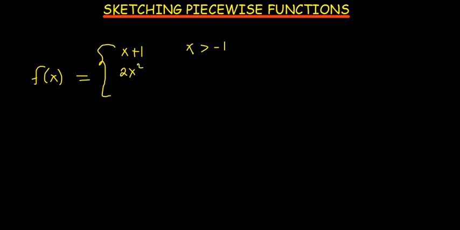This is when x is between negative 1 and let's say 3. And so we've been given absolute value of x plus 2. And this is when x is greater than or equal to 3. So how do you sketch this function?